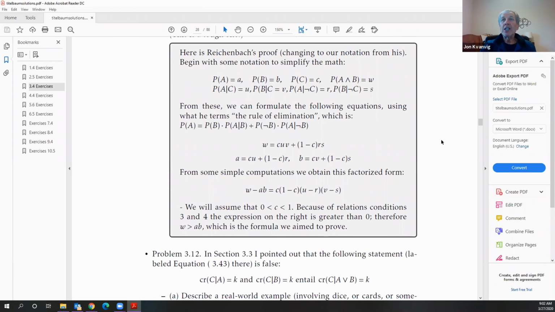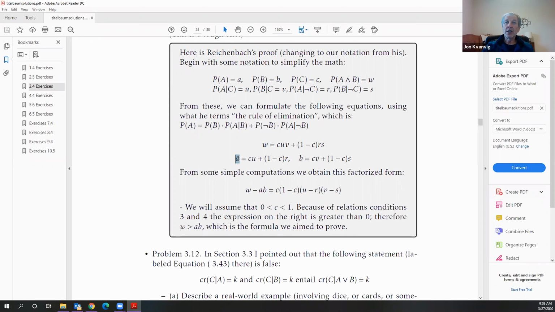Now, I'll let you verify this for yourself, but using this rule of expansion, we get 3 formulas. One telling us what the probability of A and B, which is W, resolves into. So it's the probability of C times the probability of A given C times the probability of B given C, plus 1 minus the probability of C times the probability of A given not C times the probability of B given not C. So that gives us an equation which tells us what the value of W is.